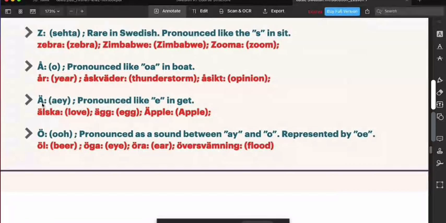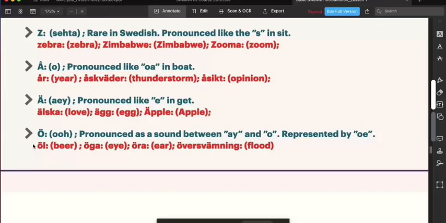And the next letter is A, Elska. Elska is a verb, jag älskar. And we have here noun, äpple.